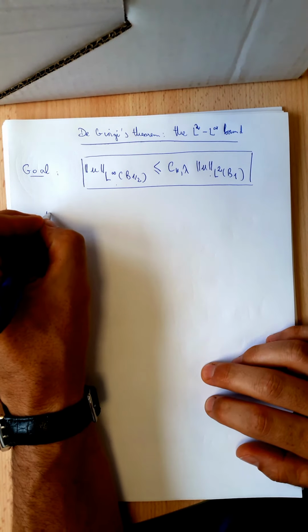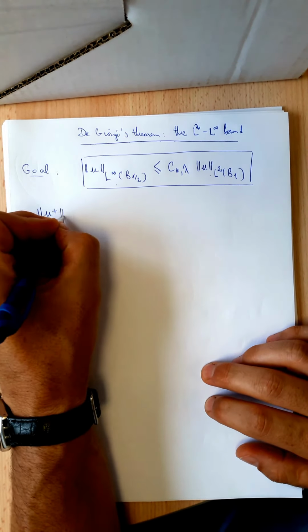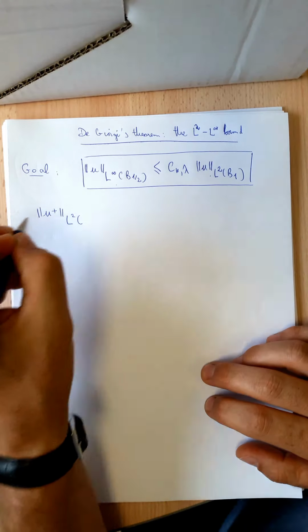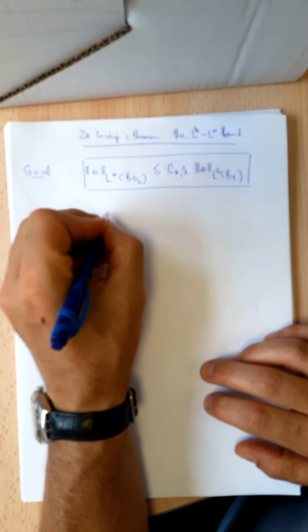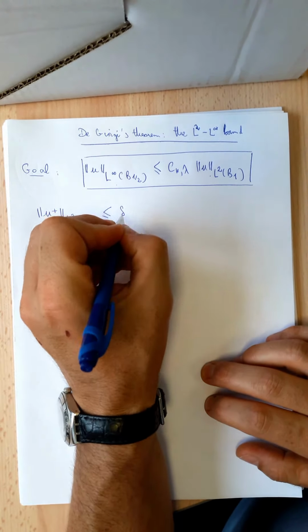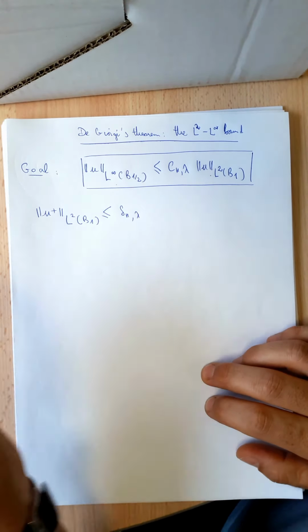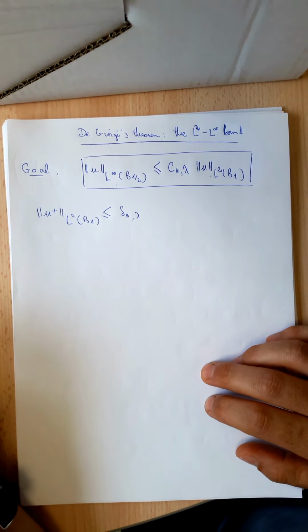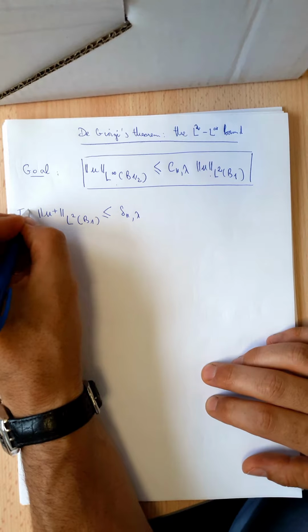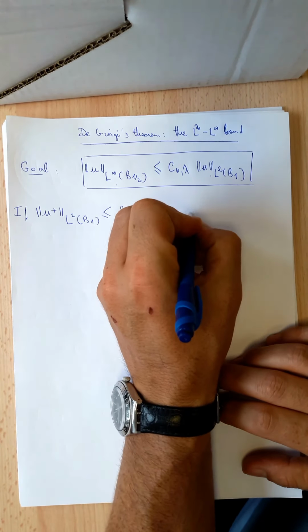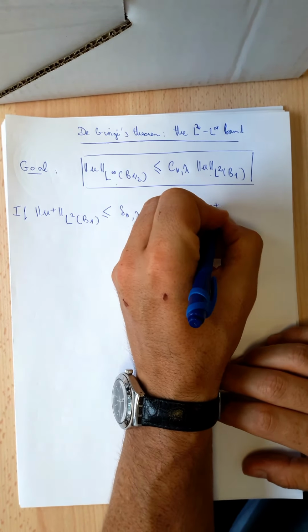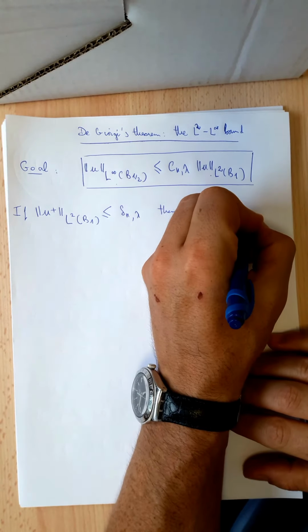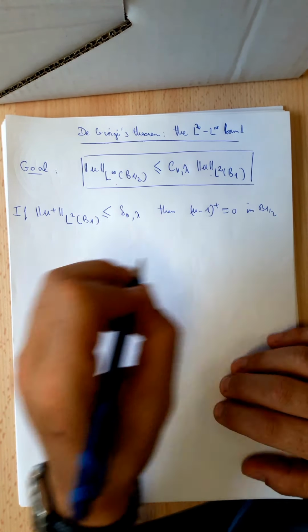And we're going to observe first that the inequality that we want to prove is a simple consequence of the following: that if the L2 norm of the positive part of u is smaller than some fixed delta, depending on dimension and lambda only, then in fact, u has to stay away from 1 from below in the ball of radius 1/2.